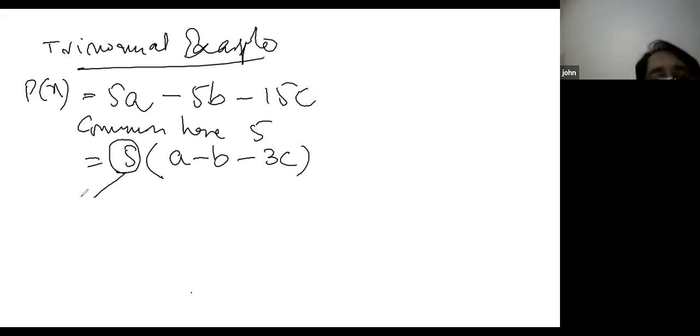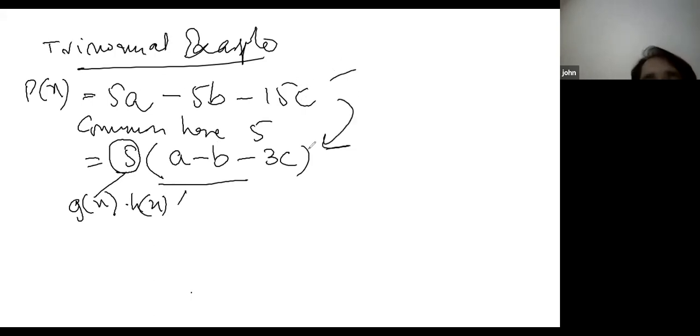This factor 5 is known as G of x, and this factor is known as H of x. So from one polynomial, this trinomial, we have changed into two or more factors. Changing into factors, we say this process is known as factorization.